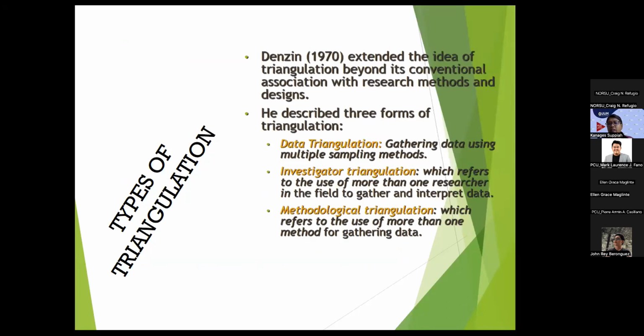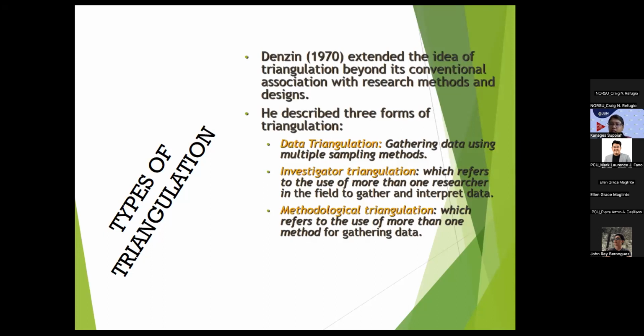For data triangulation, we gather data from multiple sources: observation, student feedback, field notes, teacher interview, maybe a test score. Investigator triangulation means we use more than one researcher. And methodological triangulation would be different ways of gathering the data.